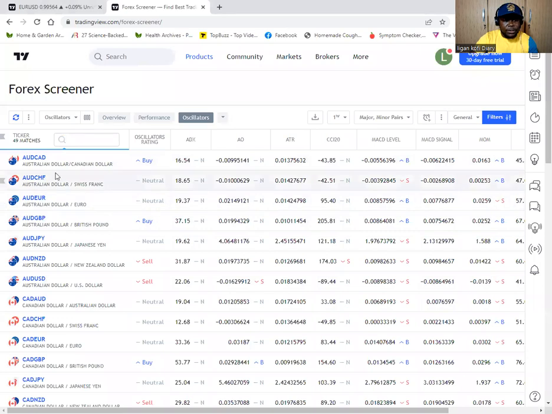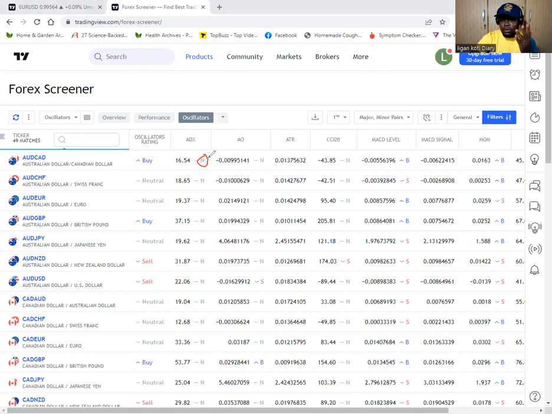So, for instance, if you look at AUD card, let's not look at the oscillator rating. Let's look at the rest. ADX is on neutral, which is the small N here, telling you that ADX is analyzing AUD card and giving you a neutral direction, meaning there's no definite direction.